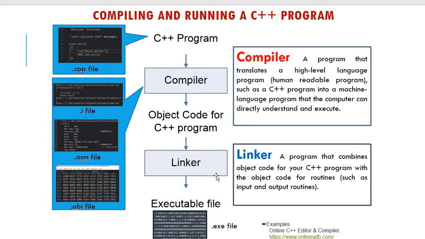Okay, and then we have a linker. What is the function of the linker? A linker is a program that combines object code with the object code for routines, such as input and output routines.